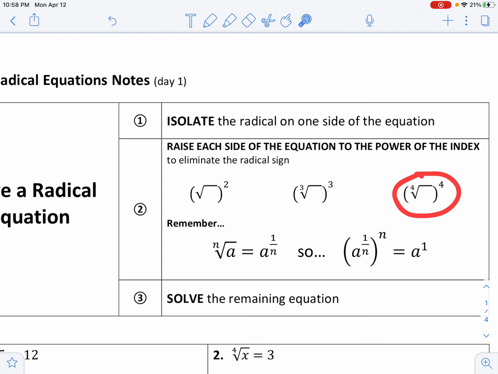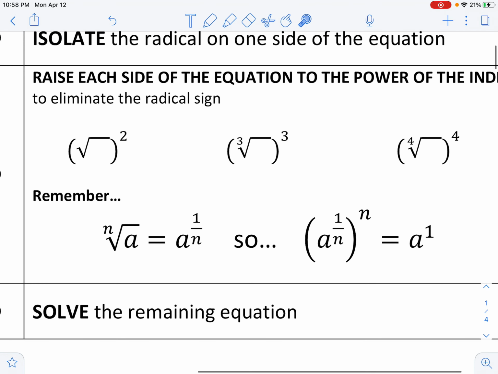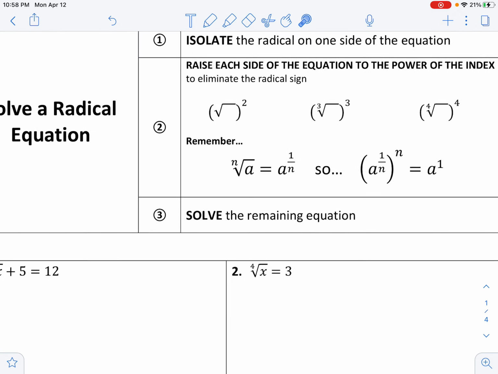And a fourth root will get raised to the fourth power. And then if you have your equations in exponent form, then just remember whatever your denominator is, that's the power you're going to raise it to eliminate the exponent fraction.